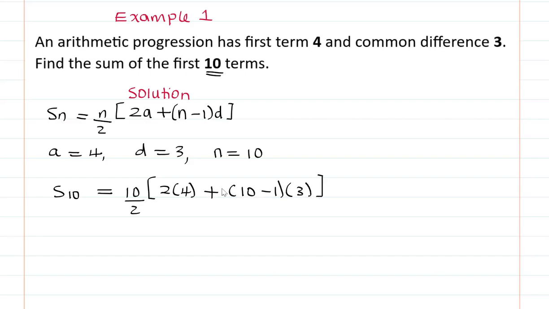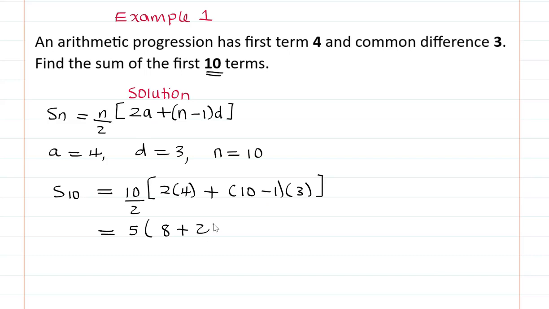It is always good for you to keep brackets such that you avoid errors. Then we simplify. 10 divided by 2 is 5, into 2 times 4, we have 8, plus 9 times 3, because 10 minus 1 is 9. 9 times 3, we get 27.